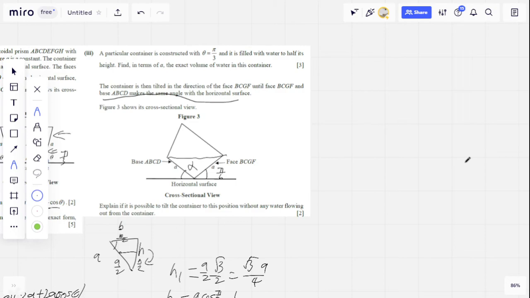So this area of the new triangle, you have the two sides which are adjacent to one another. As such, we'll be using the cosine rule, and we can find this angle down here. Because if these two angles add up to pi over 3, this angle is 2 pi over 3, 120 degrees.